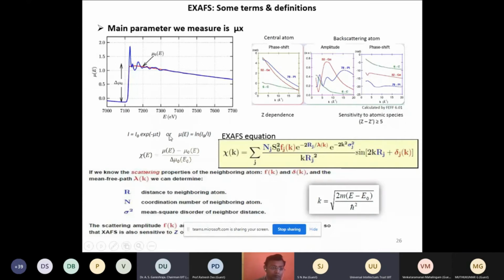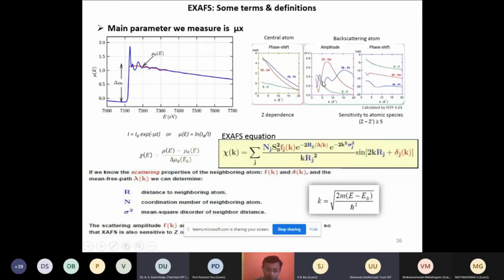The extraction of this information is possible because of the Z dependence and the photon energy dependence of the phase shift of the central atom, as well as the amplitude and phase shift dependence of the backscattering atom. For example, carbon, germanium, platinum have totally different phase shift behavior as a function of k. k means finally photon energy; this is the photoelectron wave we are talking of, a de Broglie wave.